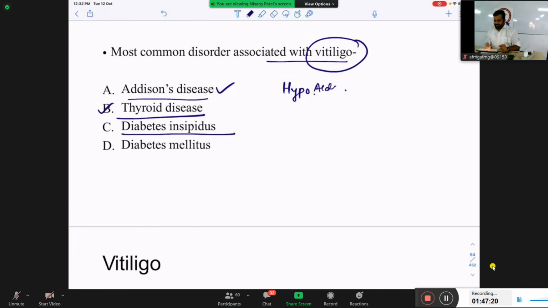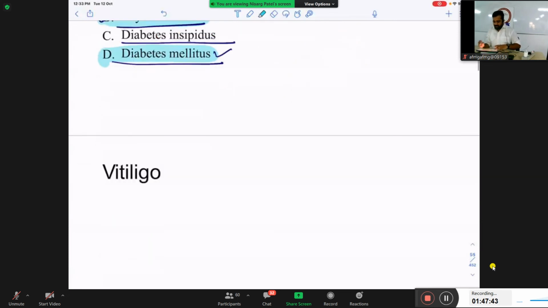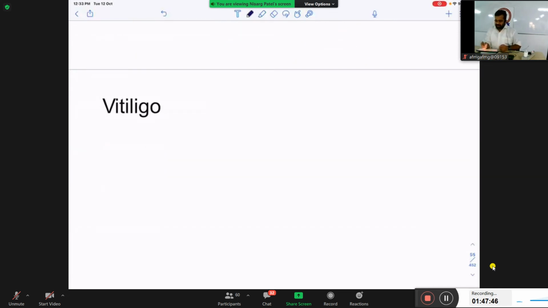In diabetes mellitus type 1, you all know there is an autoimmune destruction of the beta cells. So beta cell destruction is associated with type 1 diabetes mellitus, which is seen in children. So all these autoimmune conditions can be associated with vitiligo.